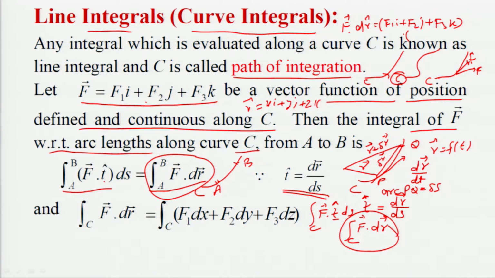So, dr is i dx plus j dy plus k dz. When you find this dot product, you will get f1 dx plus f2 dy plus f3 dz. So, f dot dr can be expressed as the integral along C of f1 dx plus f2 dy plus f3 dz.